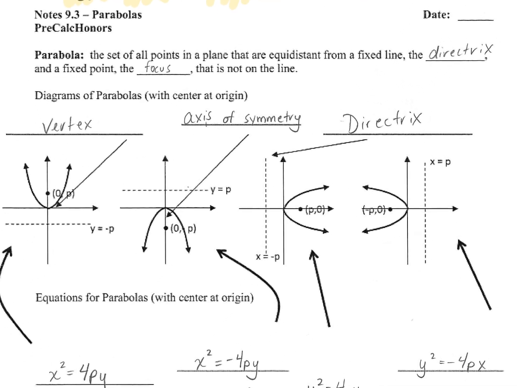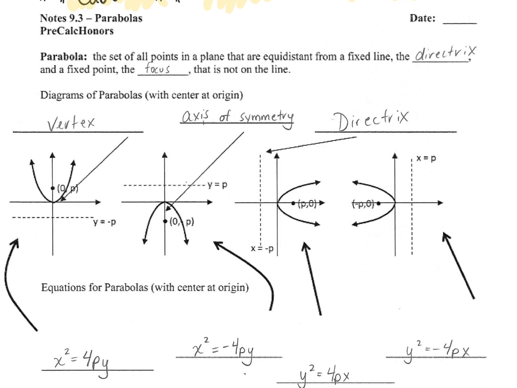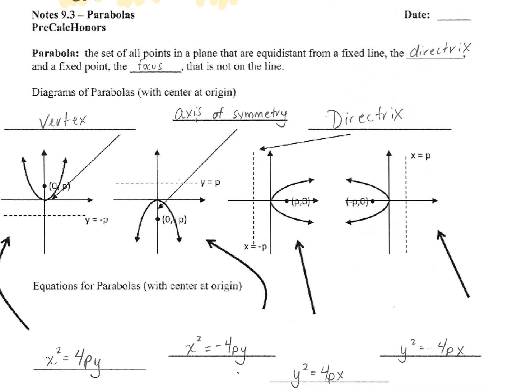So what is the conic section known as a parabola? A parabola is the set of all points in a plane that are equidistant from a fixed line known as the directrix, and a fixed point known as the focus that is not on the line.